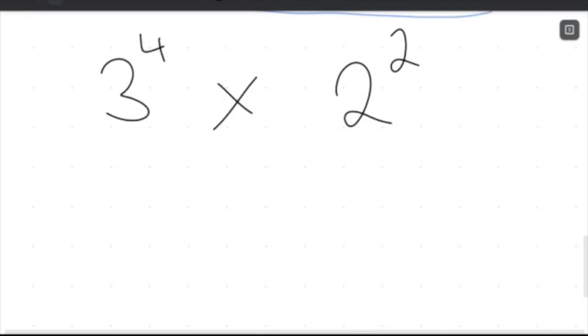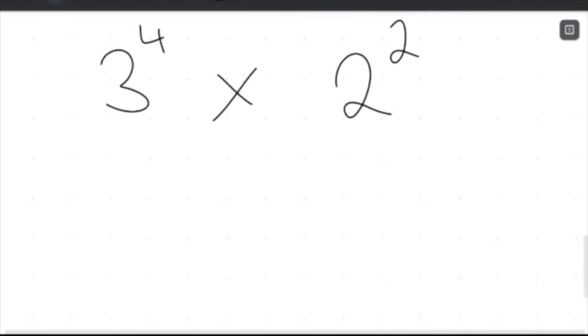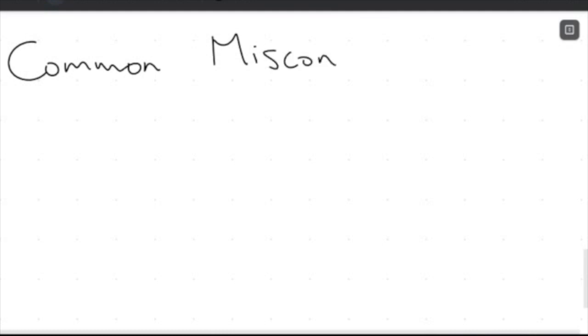But for now, let's quickly look at some common misconceptions with indices. Common misconceptions: common places where students sometimes confuse the ideas of indices.